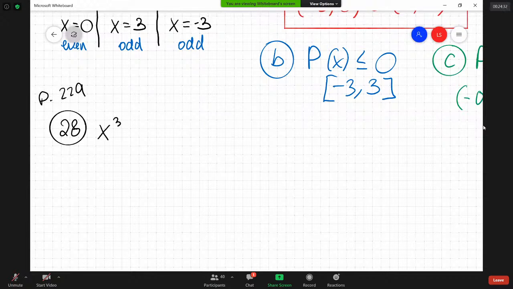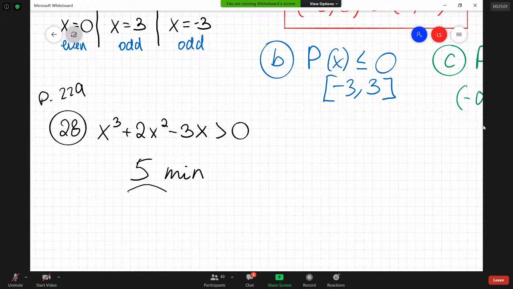Here we have x cubed plus 2x squared minus 3x is greater than 0. So go ahead and take about 5 minutes or so. Follow those similar steps and set it up and solve it.